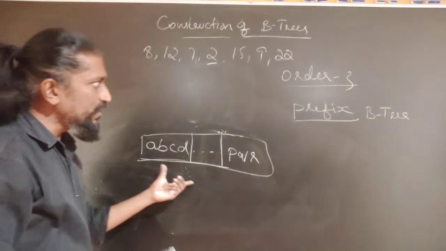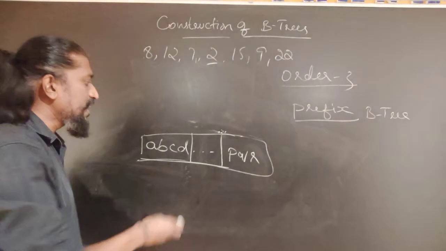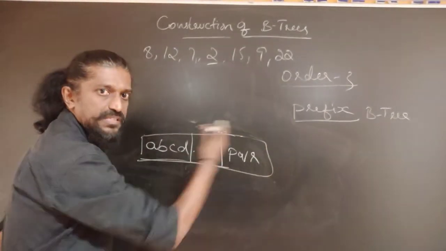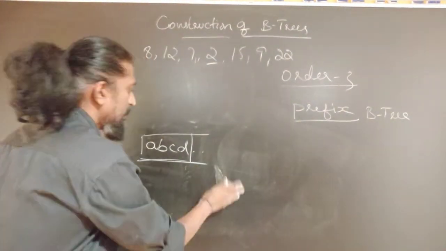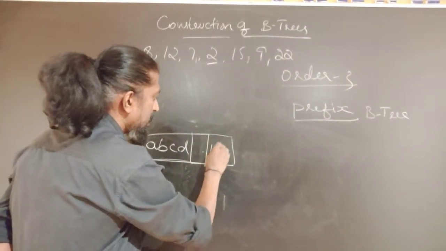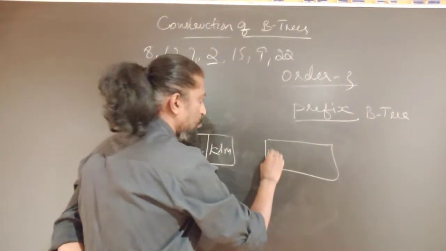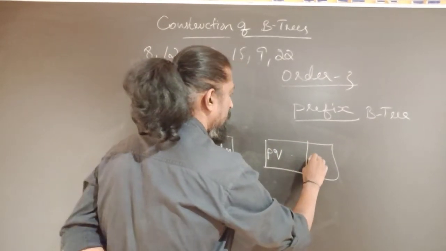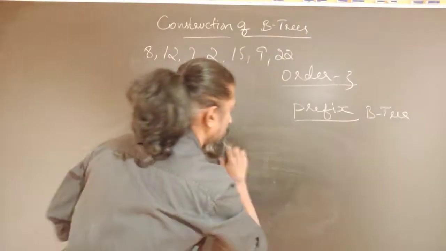We will construct a prefix which will assist us in searching by considering the last key of the first block and the first key of the second block. Let us assume the last key of this node after splitting is say KLM, and in the second node we have a record PQ and it ends at XYZ.